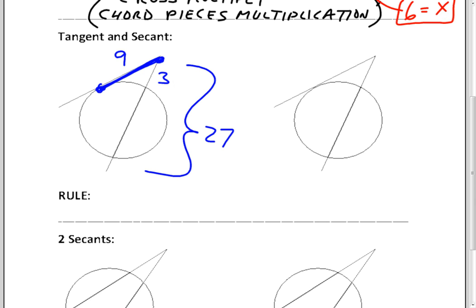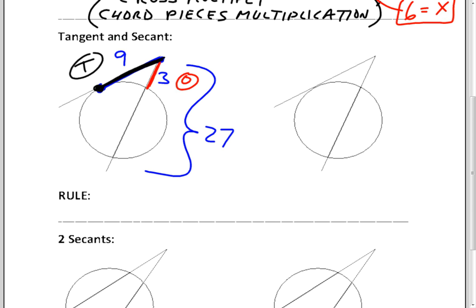You've got to have certain pieces of information in order to do this. That 3 is the portion that's outside the circle, so I'm going to designate that as O. This portion right here, what do we call this when it touches just once? That's the tangent. I'm going to put a T there.